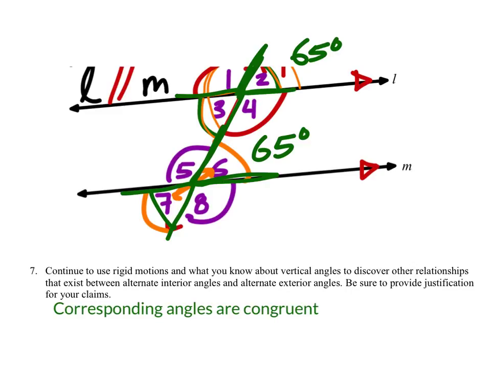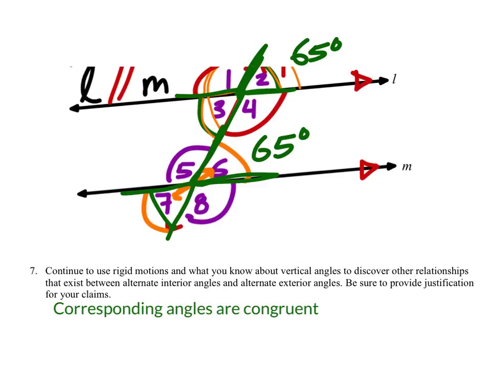Alternate exterior angles. And we can see, because of all the congruentness, that angles 2 and 7 are also congruent. This congruent relationship of corresponding angles and alternate interior angles and alternate exterior angles goes away as soon as lines L and M are not parallel.